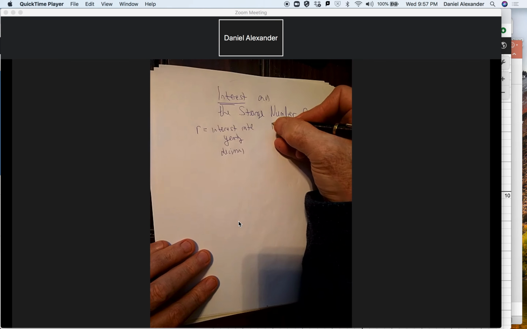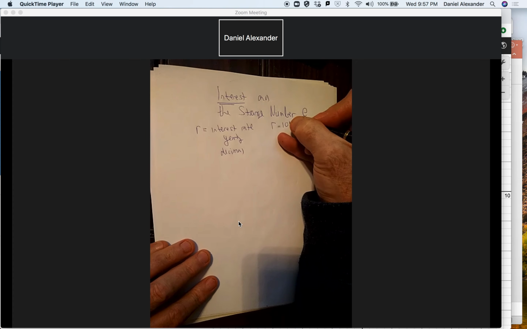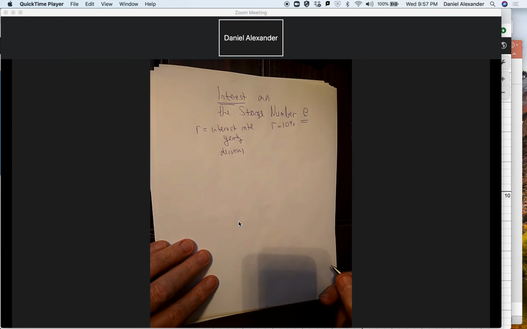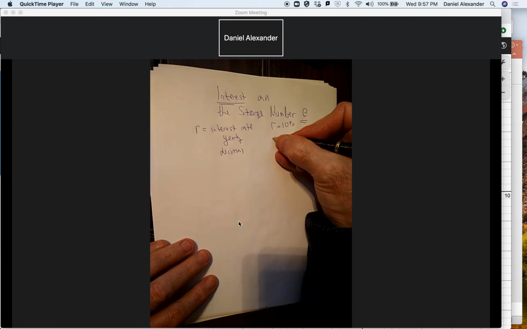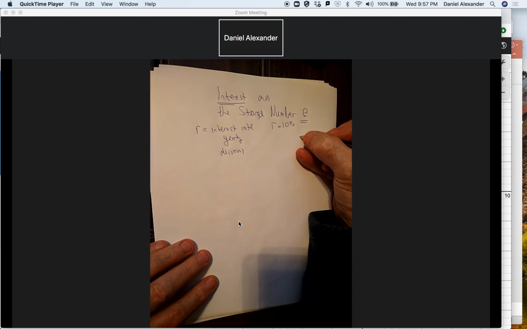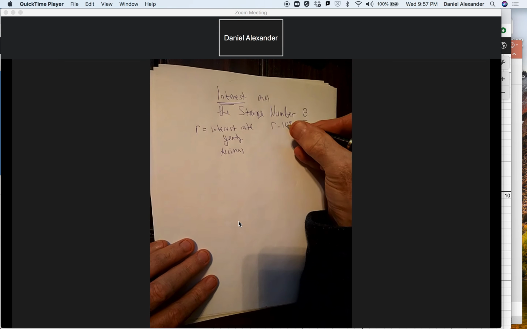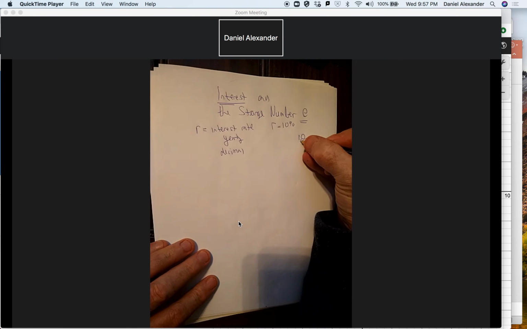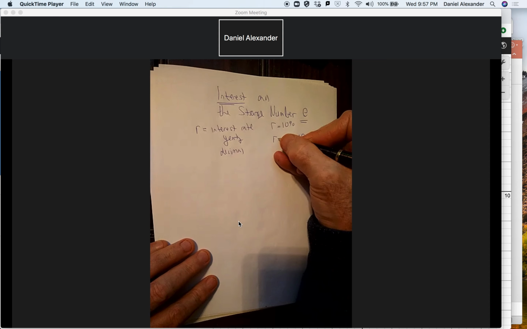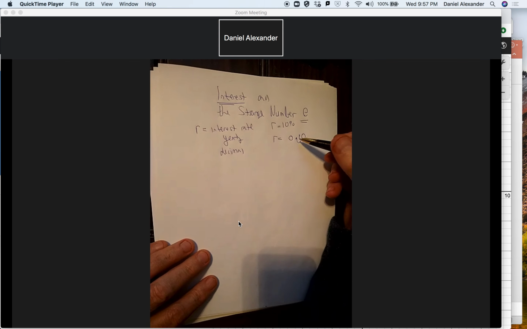If we had an interest rate equal to 10%, then R would be, we'd write 10% as a decimal, and the way you do that is 10 has the decimal here, so you just move it over twice. And that would be how we express the interest rate. And that means that if you multiply however much money you have, you would earn 0.1 times that much money per year.